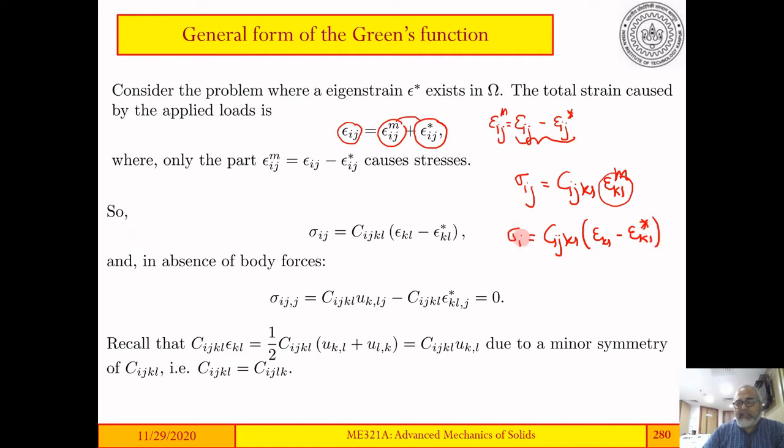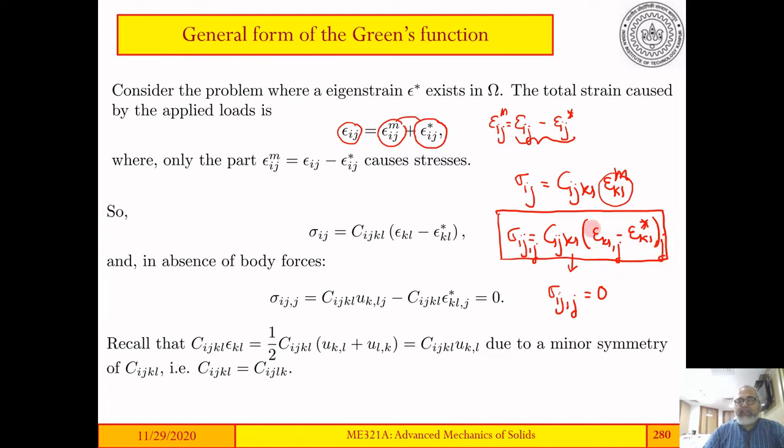So this is our constitutive equation in the case where we have eigenstrain imposed on part of the material. Now we know that in the absence of body forces, sigma ij comma j is equal to 0. So I can take derivatives on both sides: sigma ij comma j, epsilon kl comma j, epsilon kl star comma j.